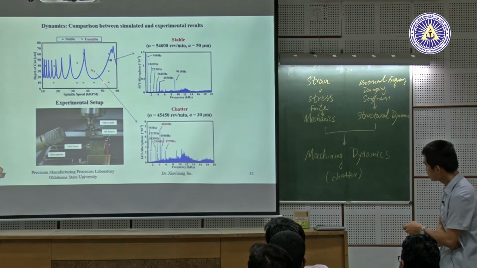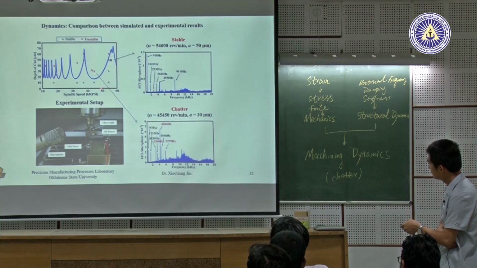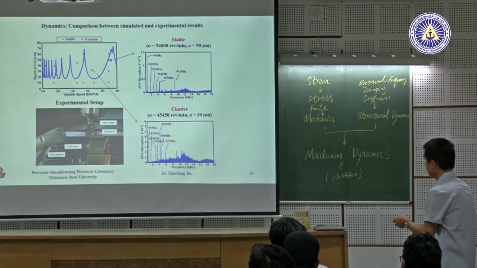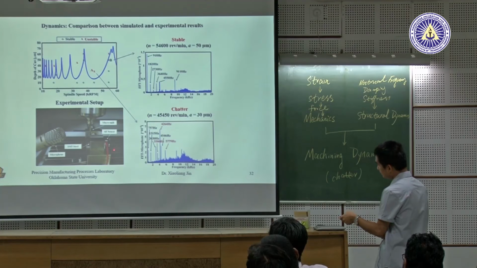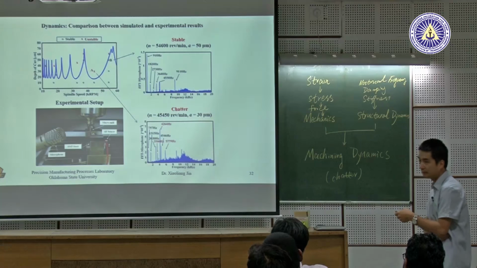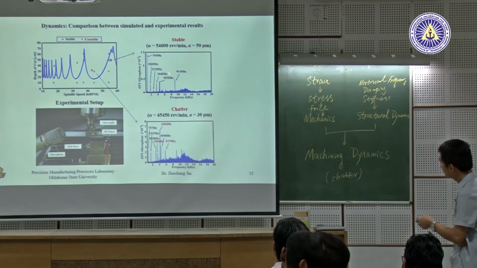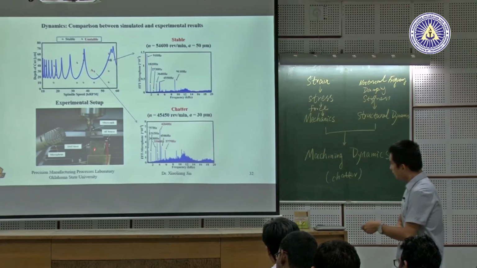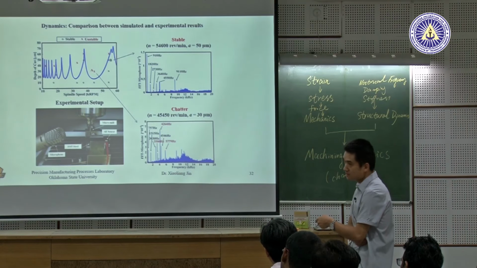We also ran in a very high speed range, from 40 to 60 kilo RPM. Here we use a microphone and an acoustic emission sensor to detect the vibration signal. What is the bandwidth of the acoustic emission sensor you use? This one is customized.